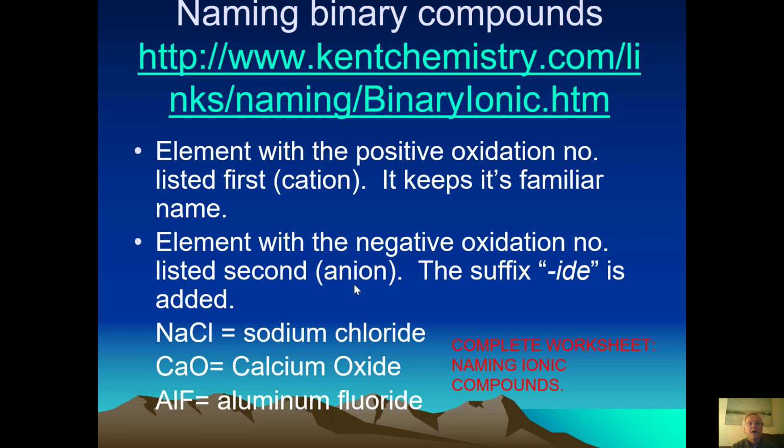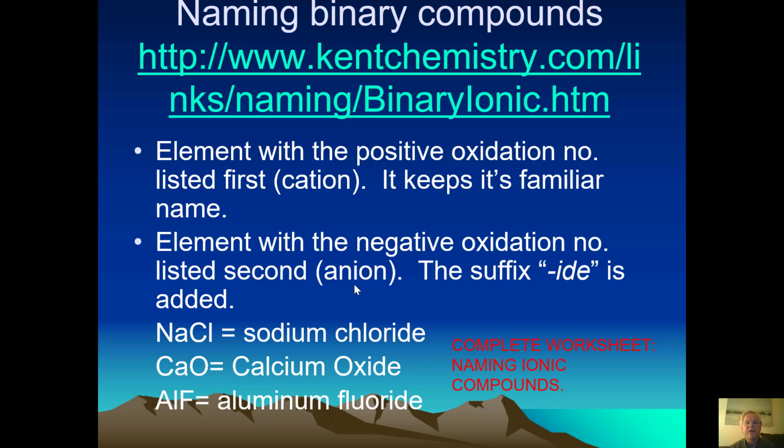Very easy. When you have a binary compound, the symbol for a binary compound, and you're reading it, we should not be reading NaCl as nackle and CaO as cow and AlF as alf. We do not sound these out.